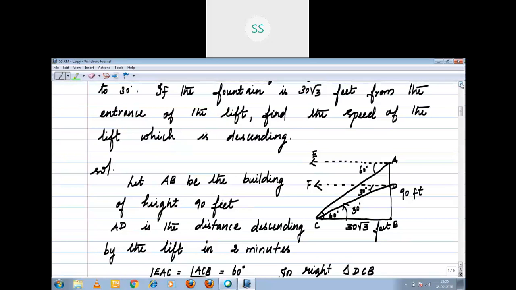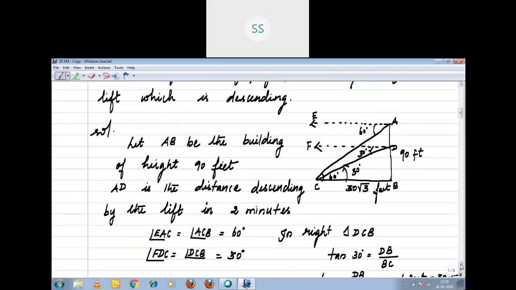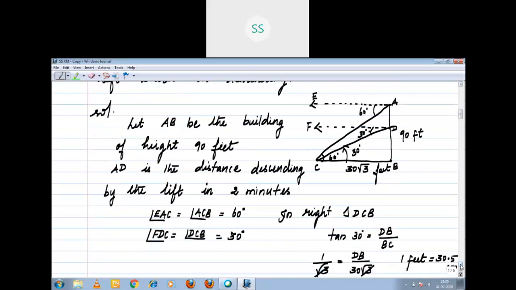Then I took a triangle DCB, right triangle, right angle B equal to 90 degrees. Because I need the speed of the lift, tan 30 degrees equal to DB divided by BC. 1 by root 3 equal to DB divided by 30 root 3. That is the given distance, right?